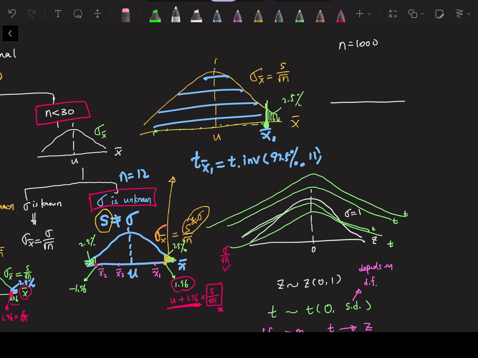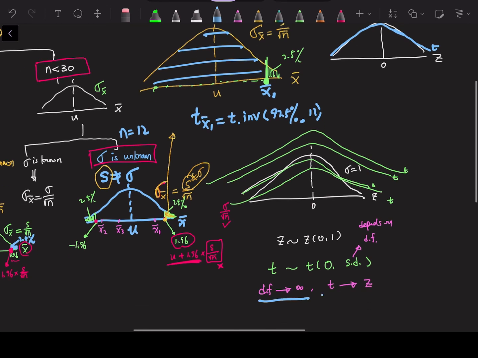the z distribution is like this, mean 0, standard deviation 1. With n equal to 1,000, degrees of freedom 999, the t distribution is like this. So when n approaches infinity, t approaches z.